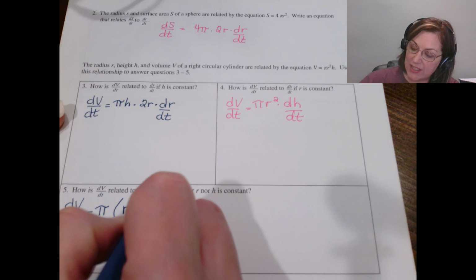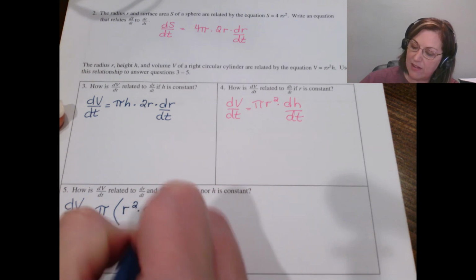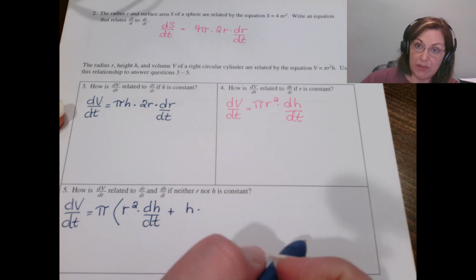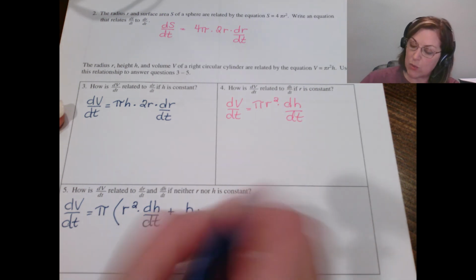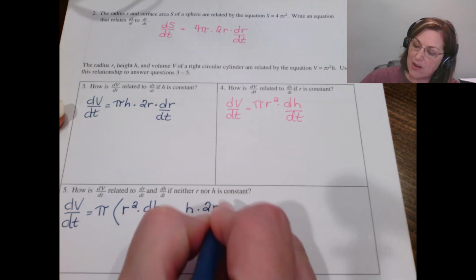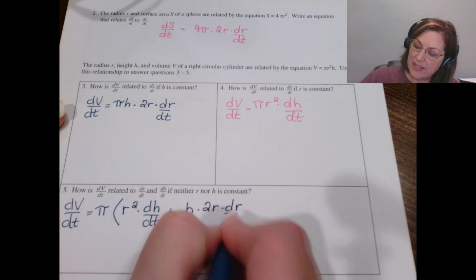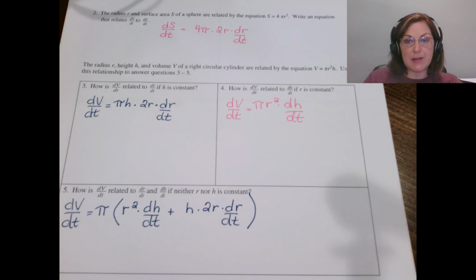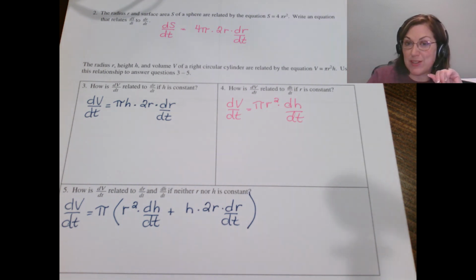The derivative of h is dh/dt, plus the second times the derivative of the first. And this is the derivative of r squared, which would be 2r times dr/dt. So the difference here in these 3 problems is which one is constant, and then we can fix that one, or if neither one is constant, it forces us to use a product rule then.